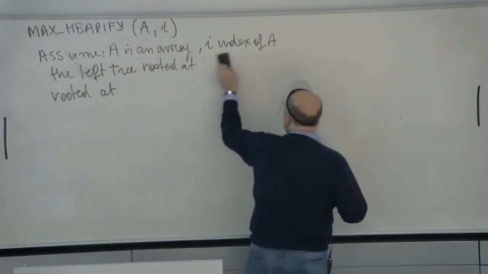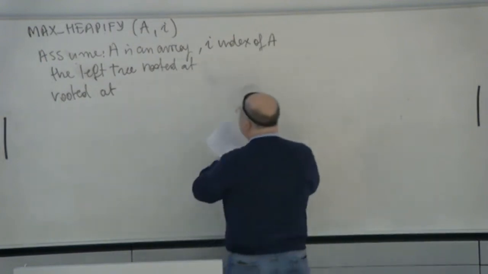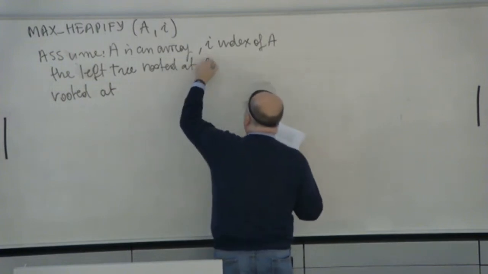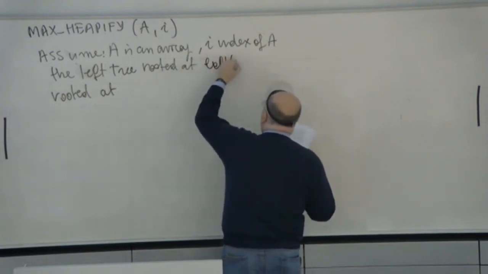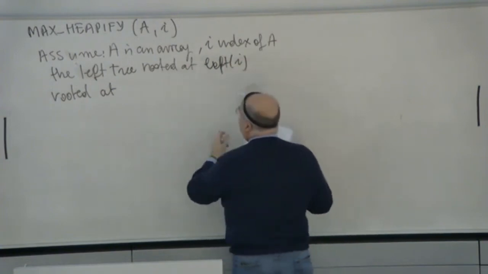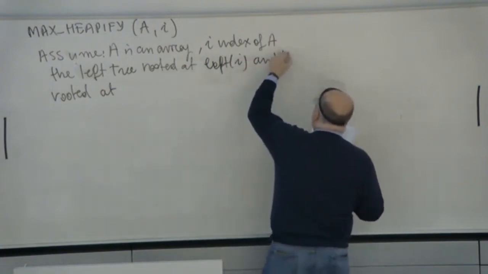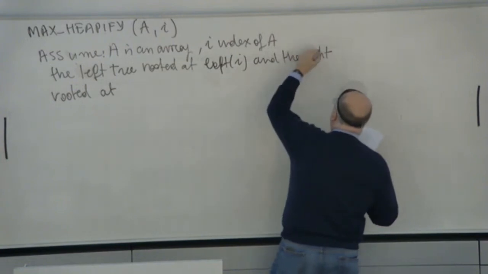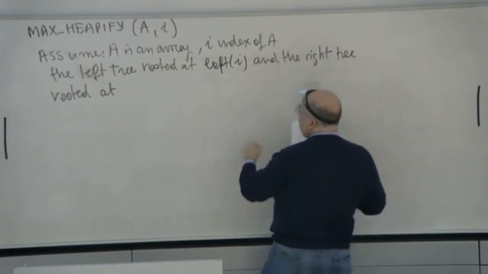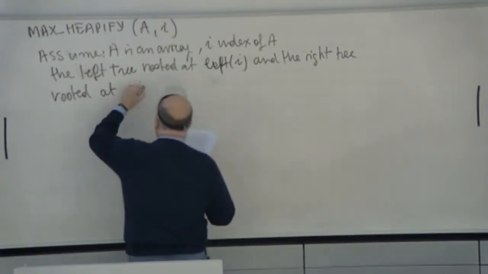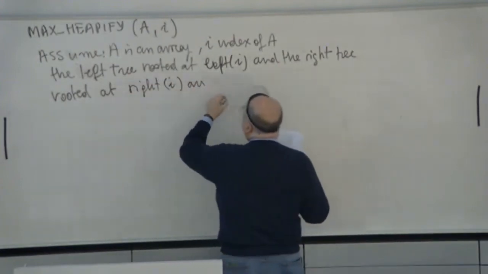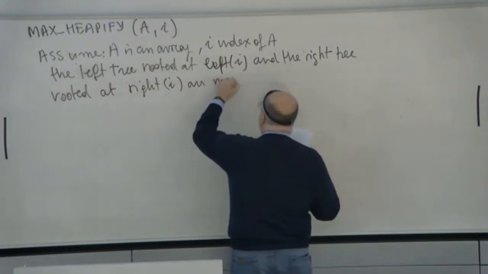These things are much more clear if you show them with numbers. The left tree rooted at left I and the right tree rooted at right I are max heaps.